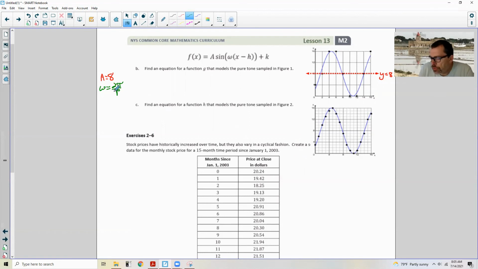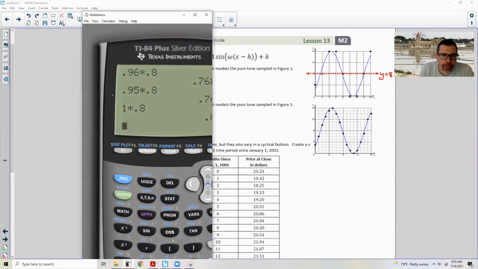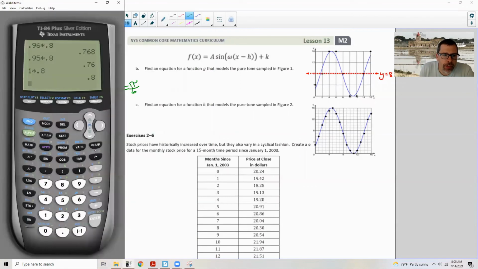So 12 is my period. So omega equals pi over 6. And if I use my calculator, I could leave it as pi over 6, I suppose, but what's pi over 6 as a decimal? 0.523, something like that.